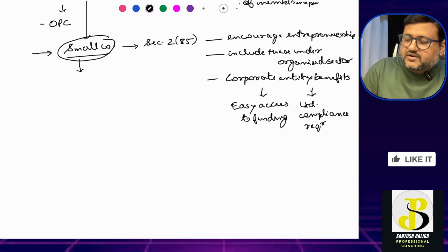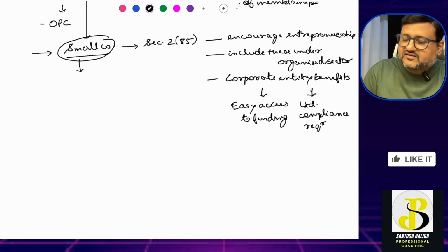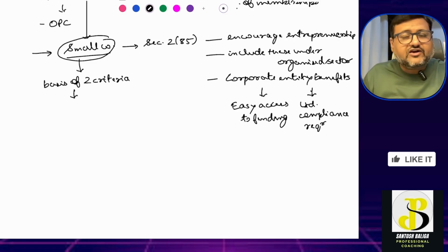Now the small company concept is not on the basis of number of members, but on the basis of two criteria, which if fulfilled by the company, they can attain the status of small company.